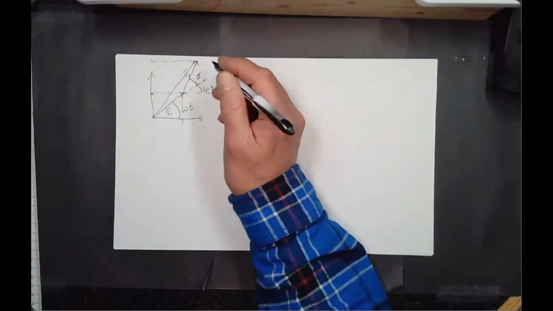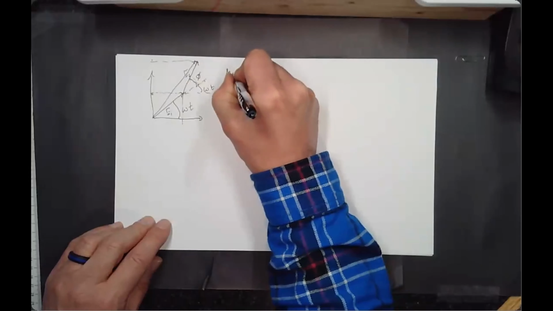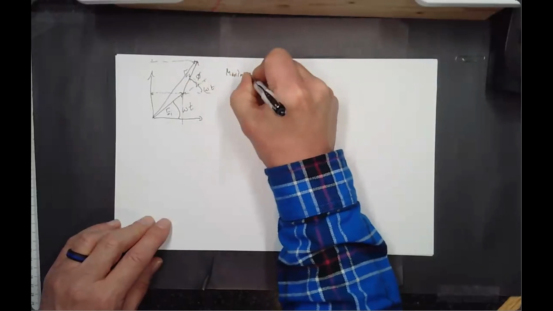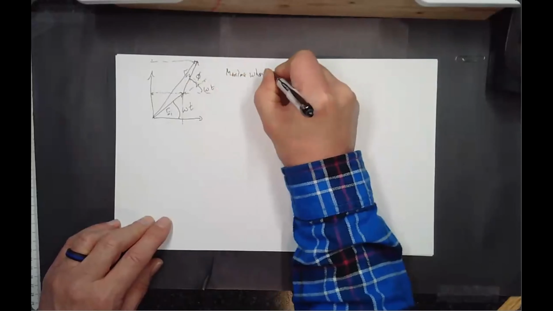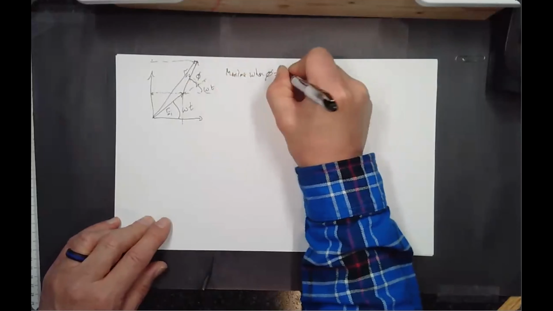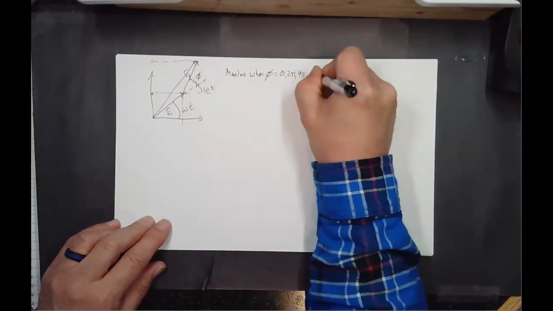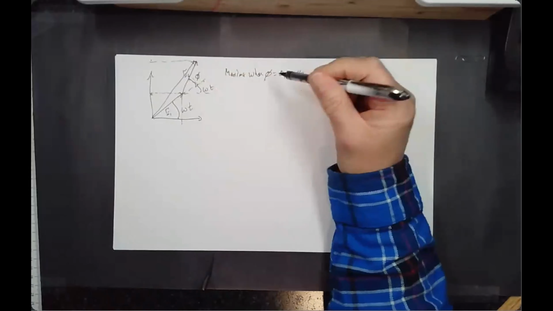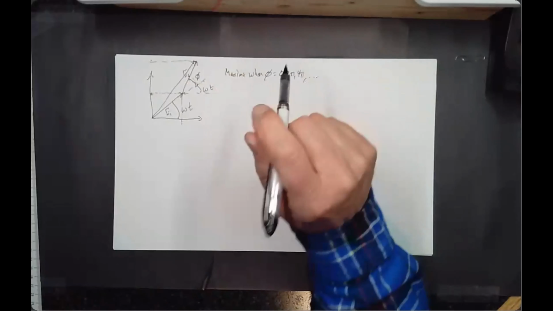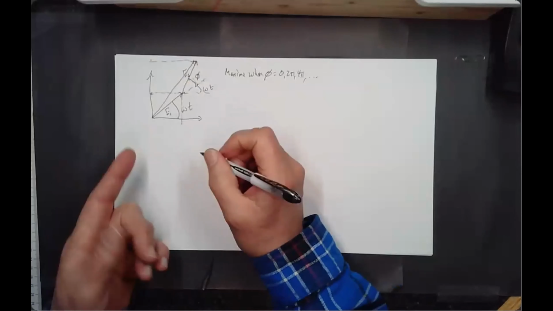So maxima when phi is equal to 0, that's the central maximum, 2 pi, 4 pi, dot, dot, dot, and so forth. Now, again, this is ignoring diffraction effects, the single slit stuff that's going on. So that was a two-slit pattern.